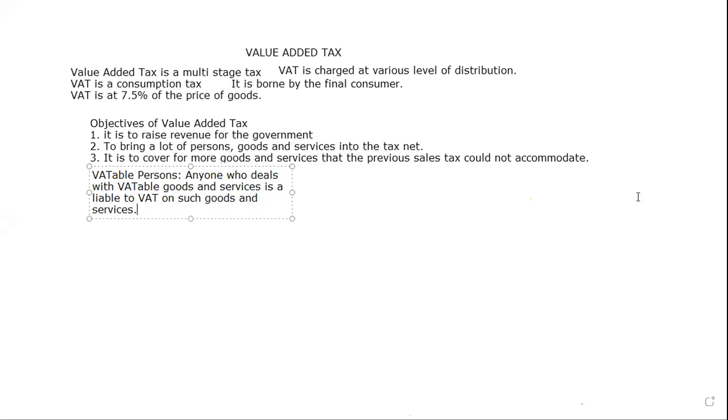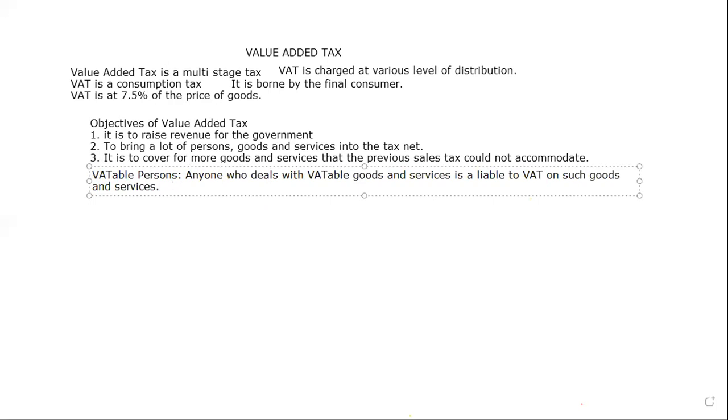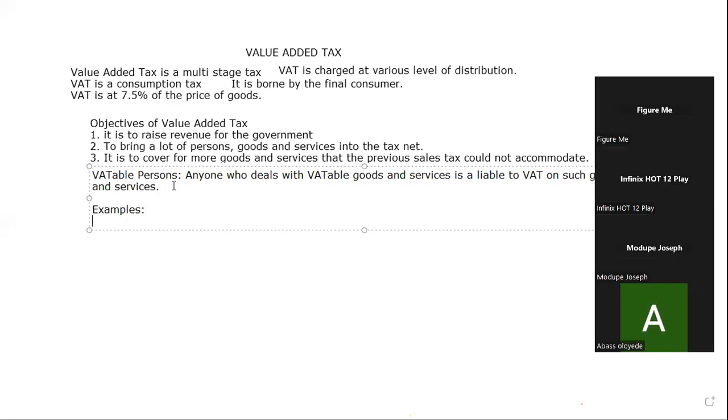Yes, sir. Good. So what are the examples? Examples of VAT-able persons. One, we have sole proprietorship. That's Ali Enterprises, right?